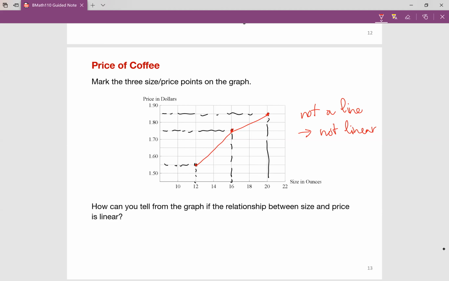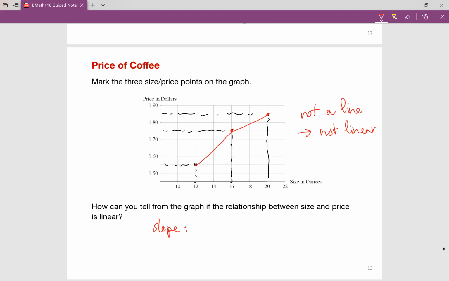So for the first line, let's check the slope. Slope is rise over run.